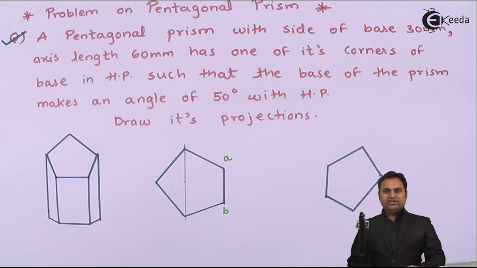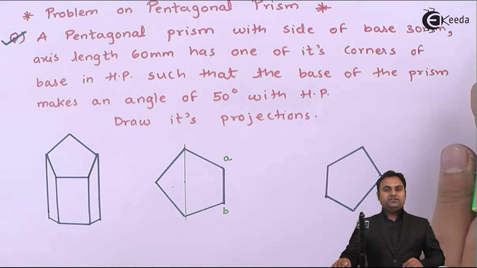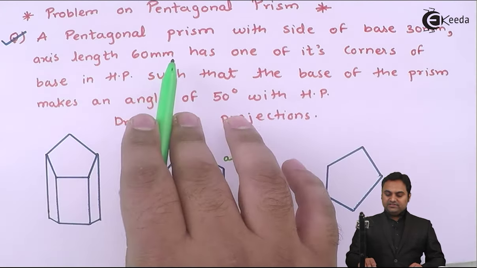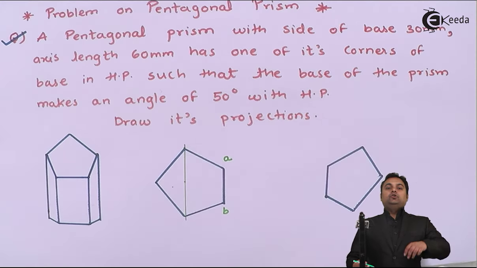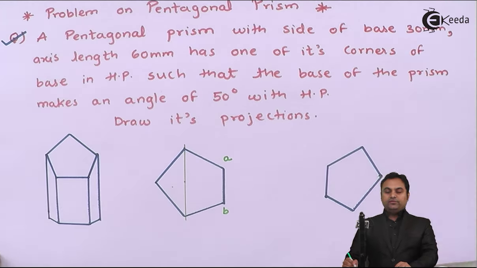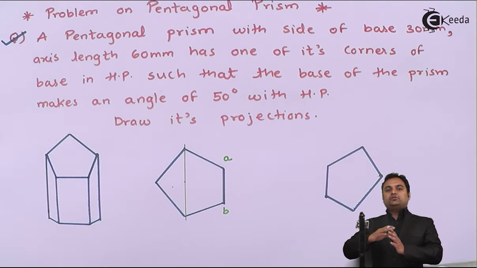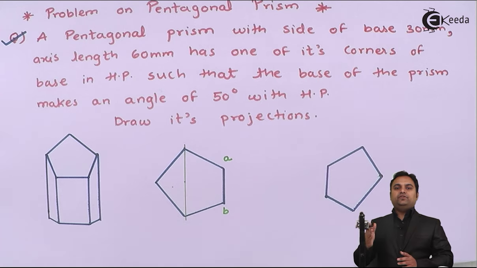Now if I read the question again, it is given that a pentagonal prism with side of base 30 mm, axis length 60 mm has one of its corners of base in the HP. So if it is resting on one of its corners, we have to take the second condition, because in case of solids we would be tilting the solid onto the right hand side, so we have to check the condition on the right hand side of the solid.